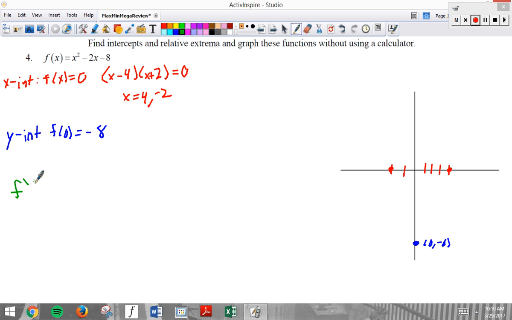F prime, 2x minus 2, critical numbers, x equals 1.